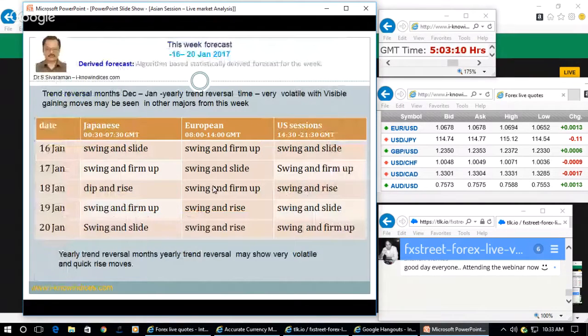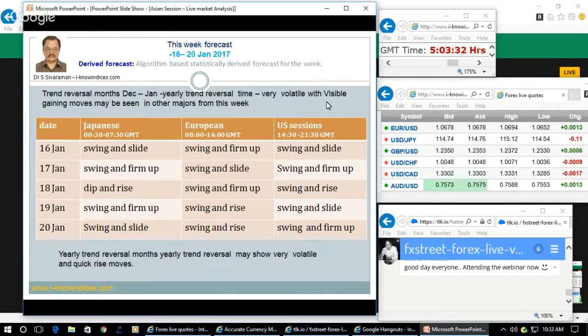Now this is the forecast sheet I gave on Monday, 16th of January. We are on 20th. As I explained, they are expected to make very volatile moves during the yearly trend reversal time. In the month of December and the month of January, the players used to do the yearly trend reversal moves.